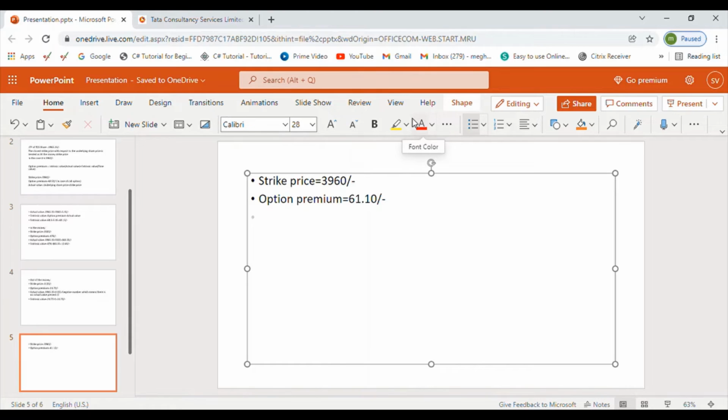So what's happening here? The put option buyer is making an agreement with the put option seller by paying an option premium of 61 rupees 10 paise per share to the put option seller, so that the put option seller is obligated to buy the shares at the mentioned strike price, no matter how the underlying share price goes. So this is the agreement.